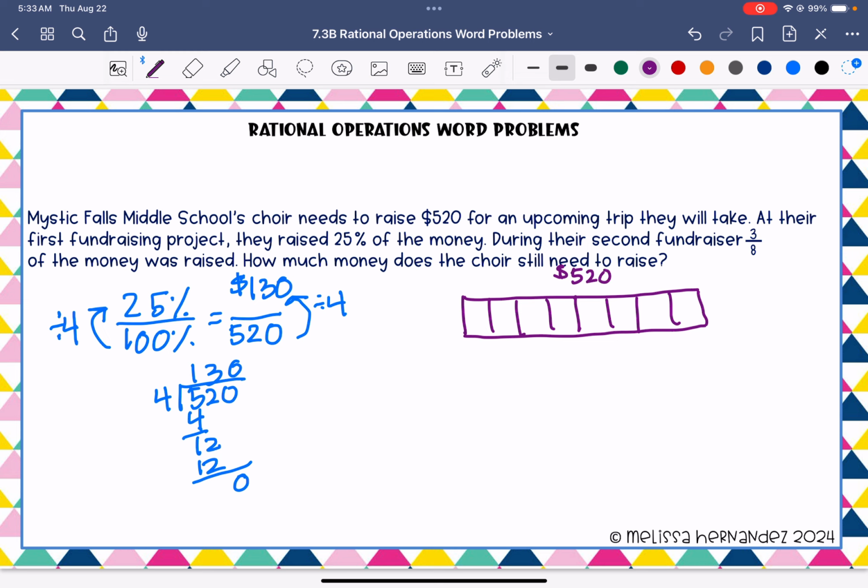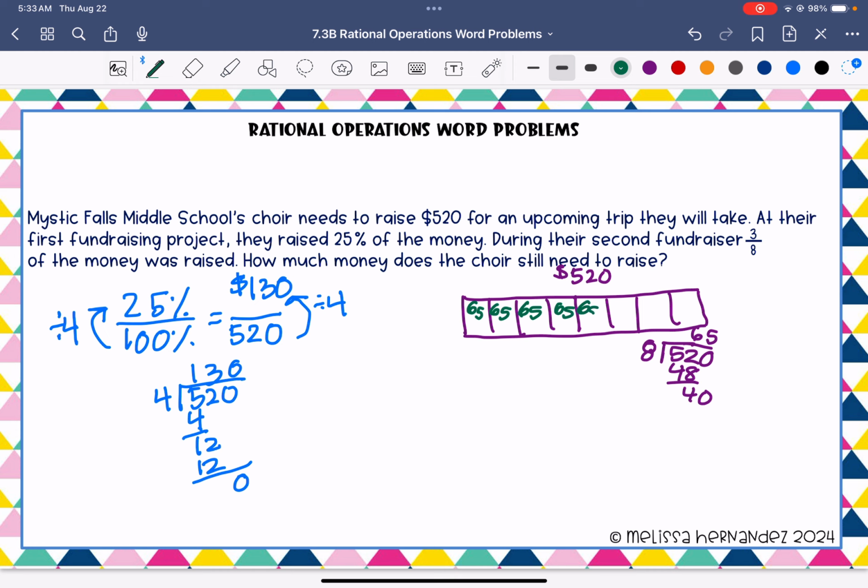So we want to figure out what each part represents. So we'll go 8. How many times does 8 go into 520? $65. So that means each piece is 65 all the way through.